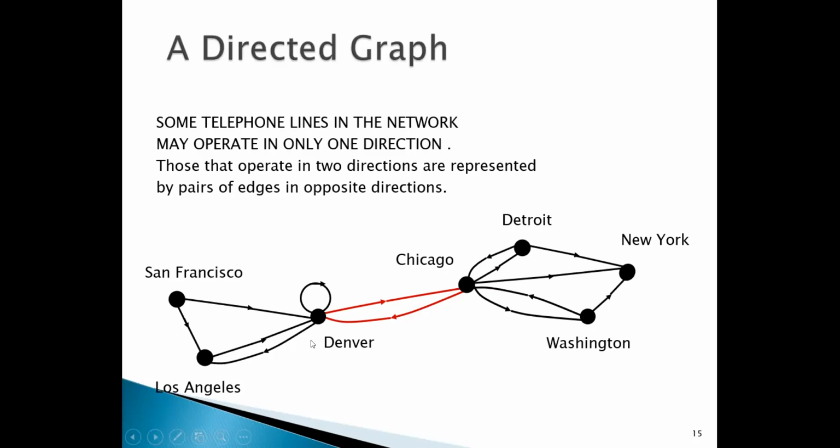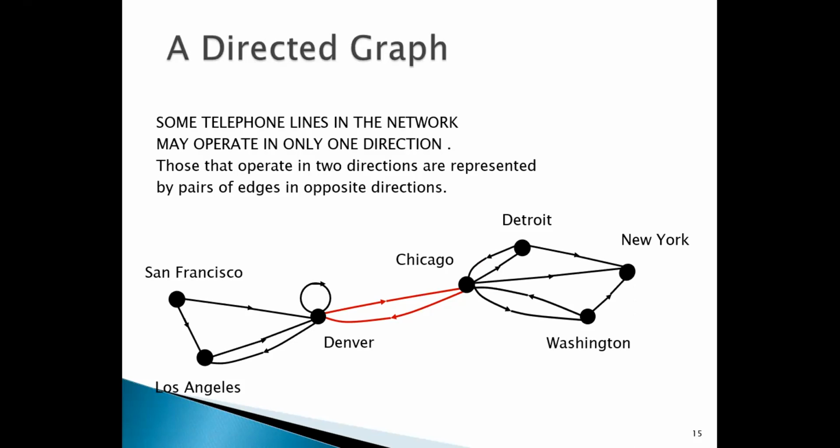Now you can see the direction is given in this graph, so we can say it is a directed graph. So how can you write the edge of this line? San Francisco to Denver. Can we write Denver, San Francisco? No, San Francisco to Denver. Why? Because of the arrow.